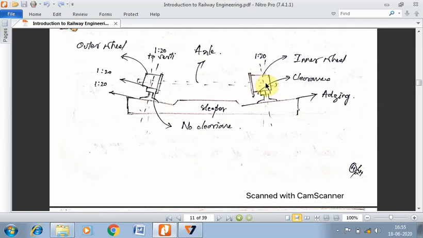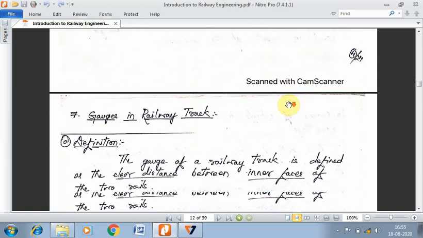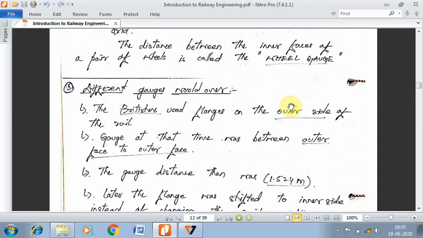It's like you are shifting this wheel here and this wheel here. So in the olden days, the Britishers used flanges on the outer side of the wheels, and the gauge at that time was considered between the outer faces of the wheels or the flanges.